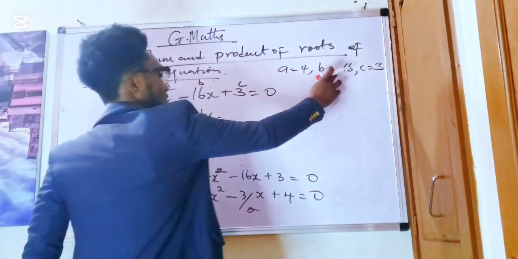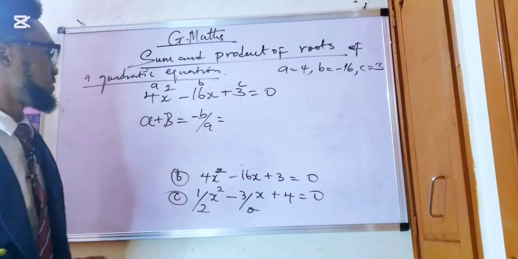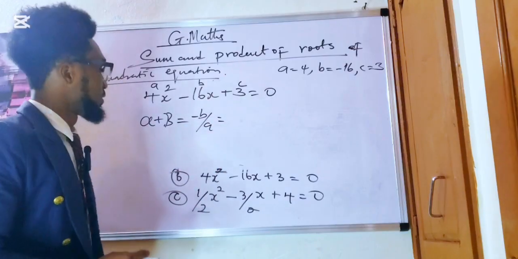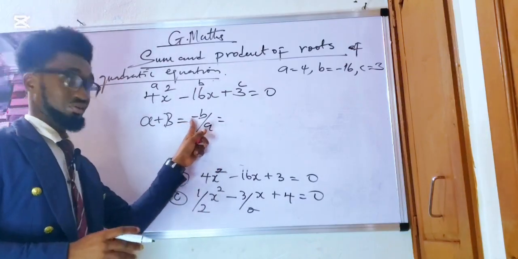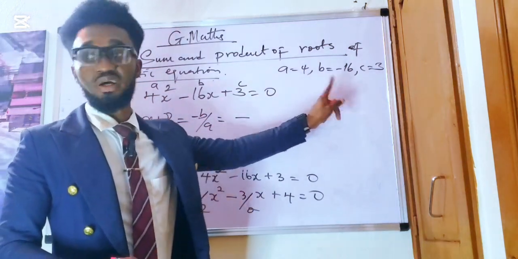With all of these things, it is much easier for us to substitute. You remember we have minus originally in the formula, so we put our minus. What is b? B is minus 16.